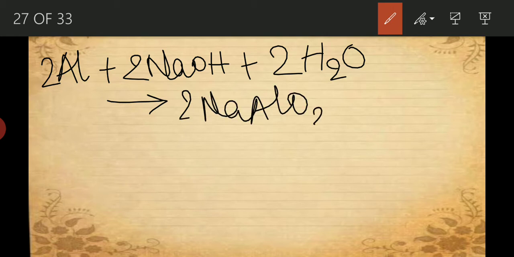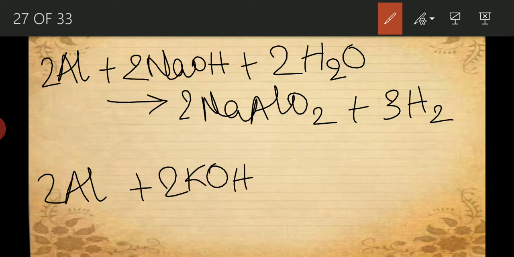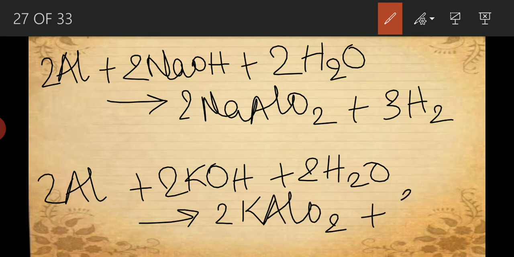This is the corresponding salt, and obviously it will liberate hydrogen. And this same aluminium, when it reacts with KOH, again mixed with water, will form the corresponding salt KAlO2 and obviously hydrogen.